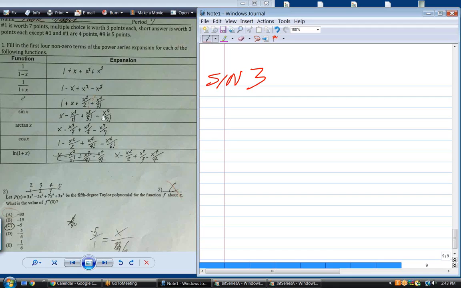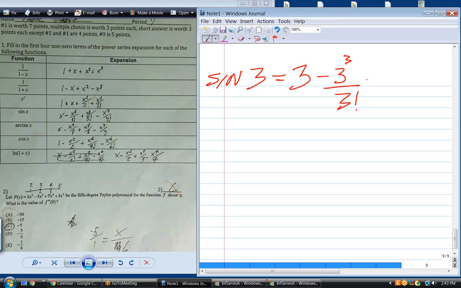But if I use this approximation, what's it going to be equal to? If I use the first 4 terms of the expansion, which is all that is. So what's the sine of 3? 3 minus 27 over 3 factorial. Okay, you got it.